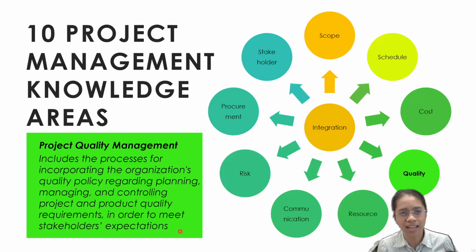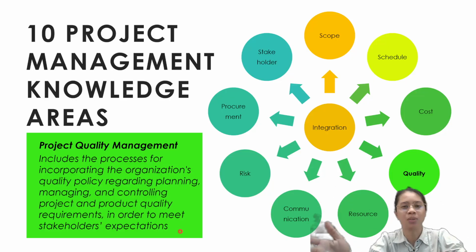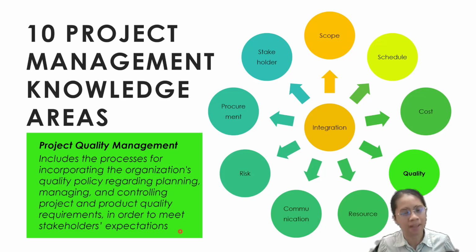Again, at the end of the day, the client is the decision maker. He is the one who has the idea of the project. He is the one who budgets the project. That's why if the client is not satisfied with the building that he is seeing in actual, the quality is not met. So you should know what the expectation of the client is. And that's part of quality.